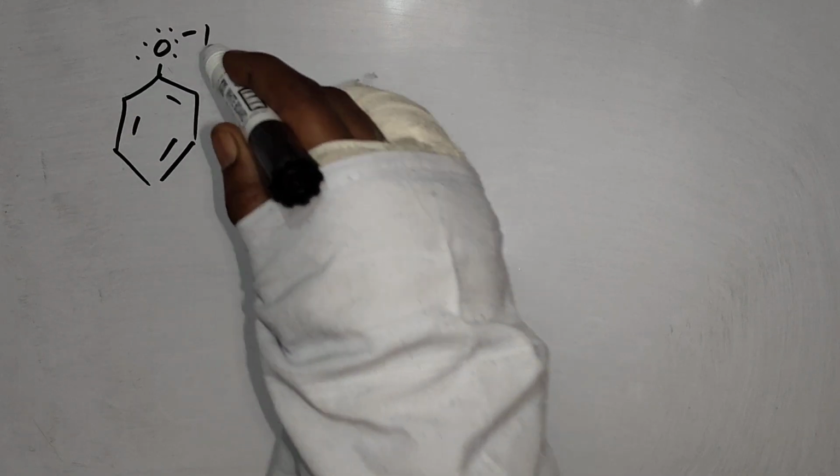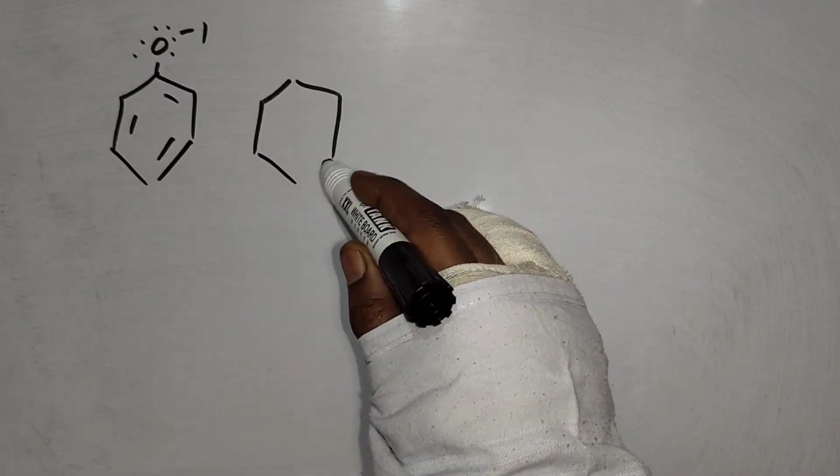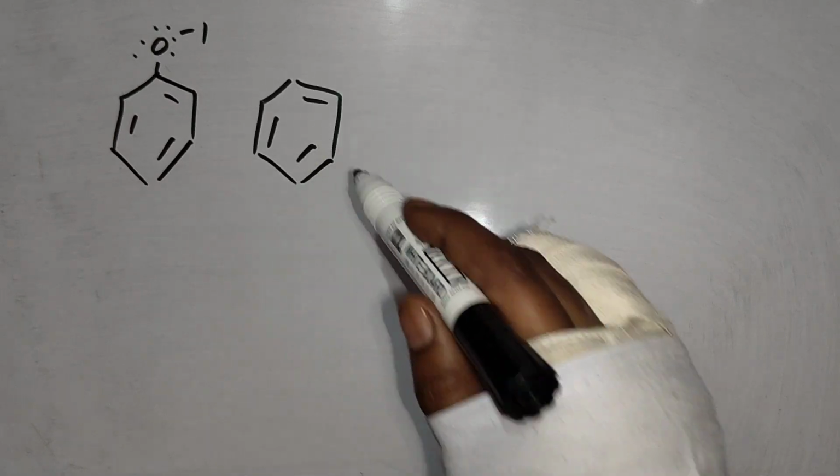Now let's come back to our main comparison. We were comparing normal phenol. So the technique I already told you: release H positive ions and create anions. So this is the anion of phenol after release of H positive. And we are going to compare their stabilities.